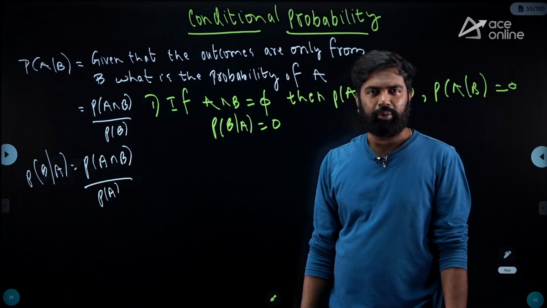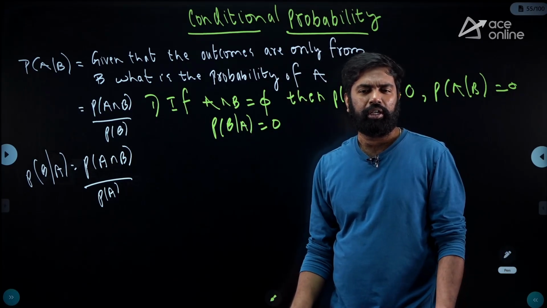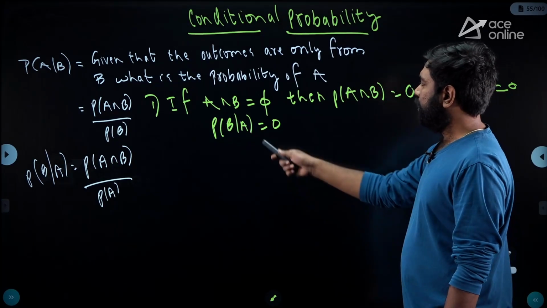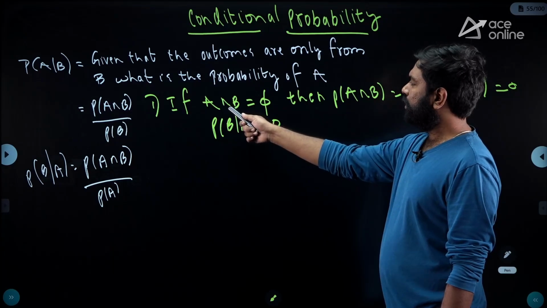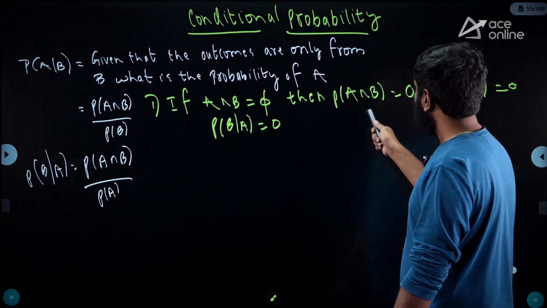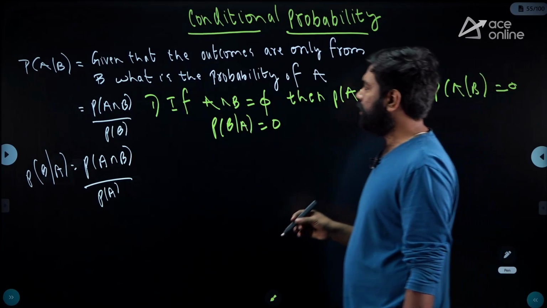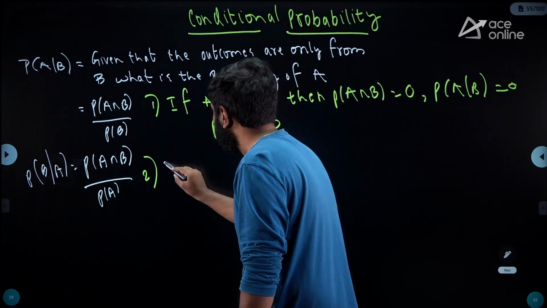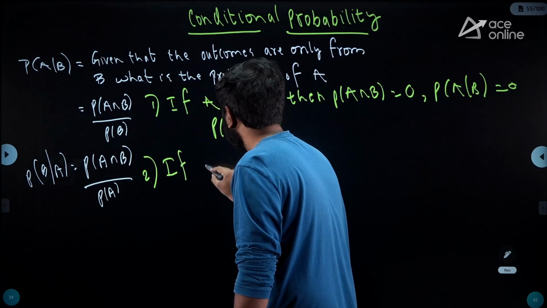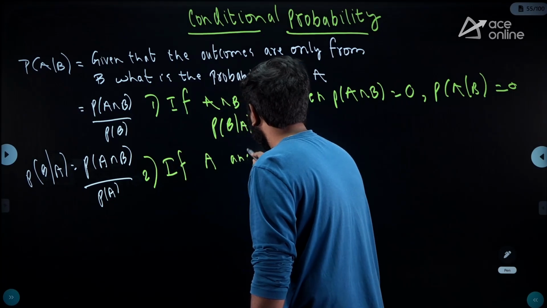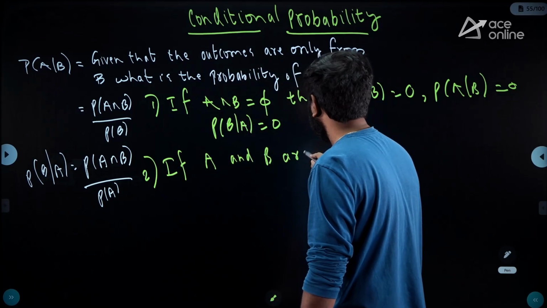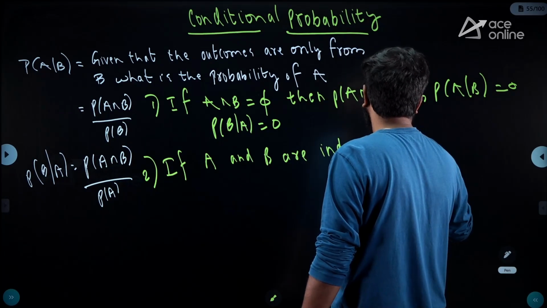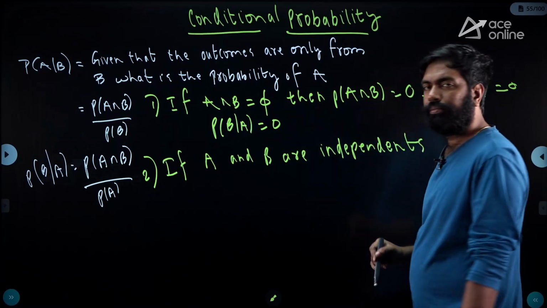Most of the students have a doubt, sir, how to identify whether the events are mutually exclusive or not. If A and B are mutually exclusive, then A intersection B is a null set. The probability of their intersection is 0. The conditional probabilities are also 0. Now comes the most important step. If A and B are independent, you will get one question on independent events.